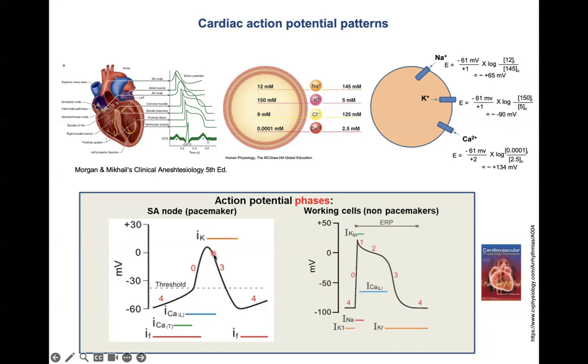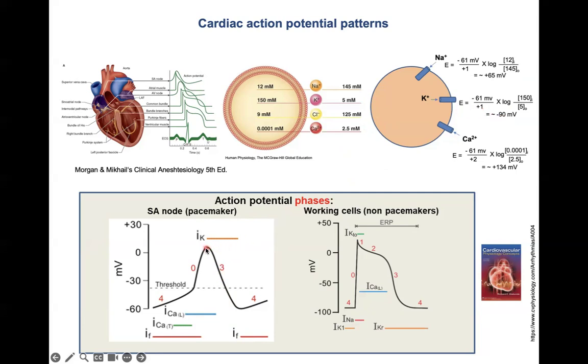Potassium ions start to leave the cells. There are different types of voltage-gated potassium channels opening up like a domino, one after the other. We have outward movement of potassium. Why does potassium leave the cell? Again, let's take a look at the equilibrium potential for potassium, minus 90 millivolt.